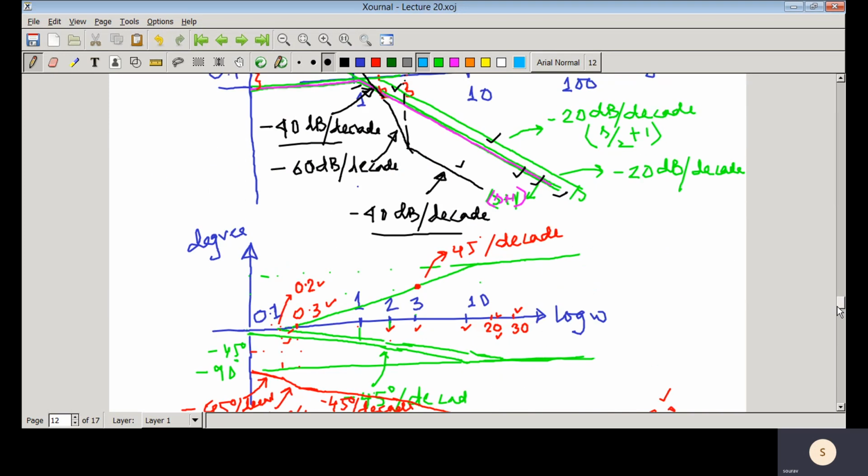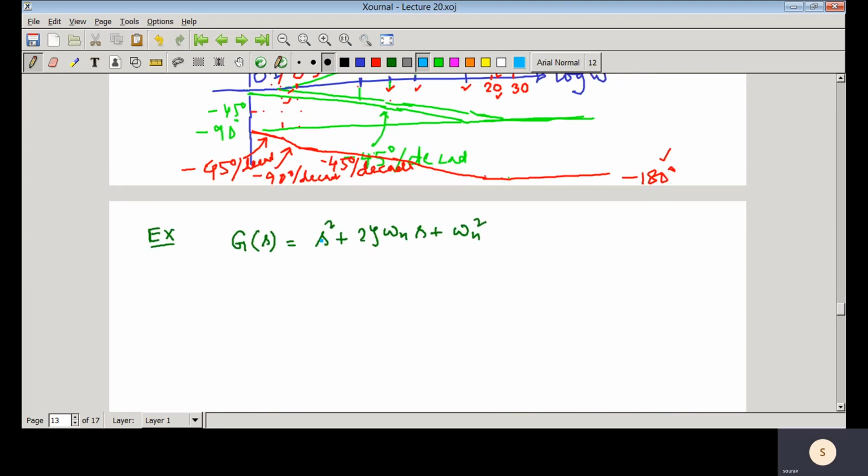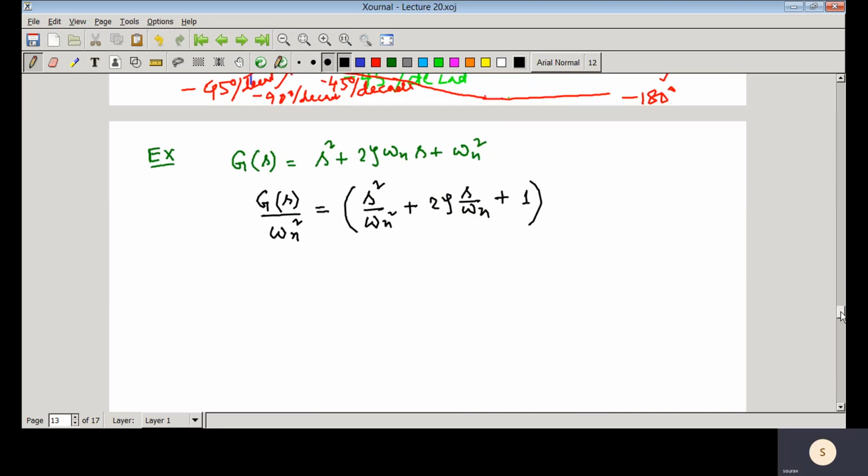If you write it in normalized form, that is g of s by omega n square, and that would be s square by omega n square plus twice zeta s by omega n, plus 1.